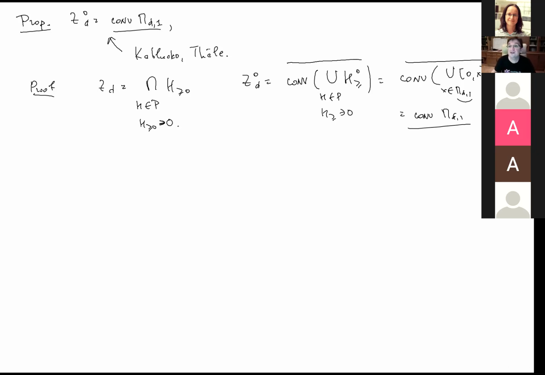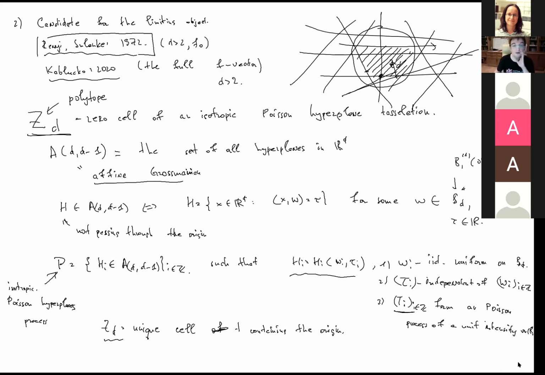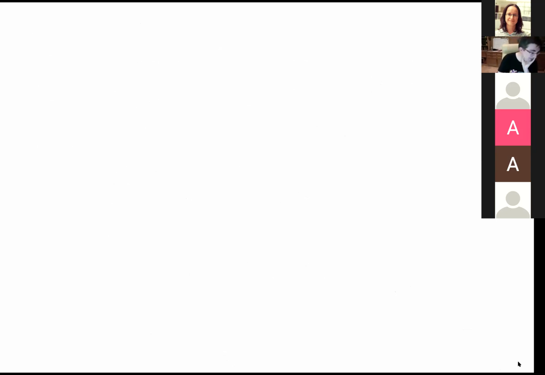Okay, now let me explain what type of convergence to a random object we have behind this. Okay, so for me now I will denote by KD the set of all compact convex sets in RD.